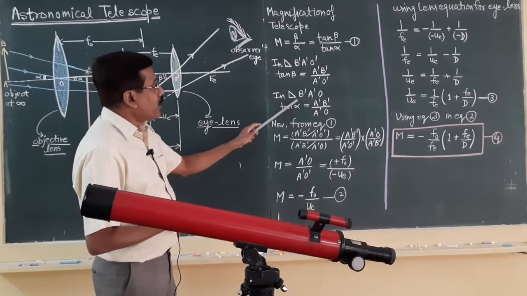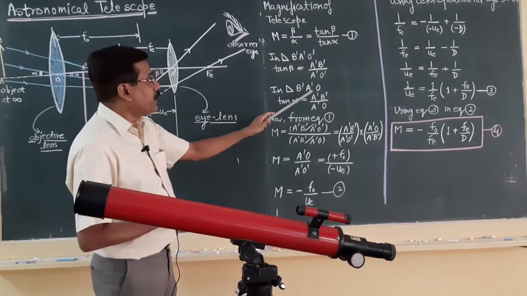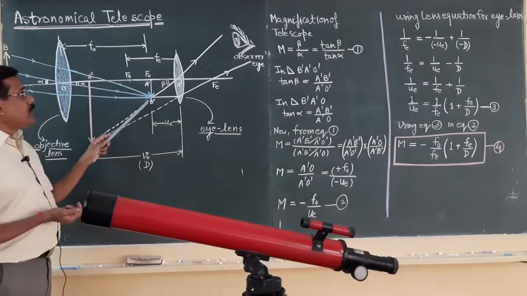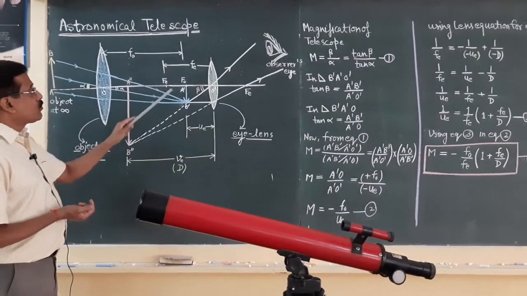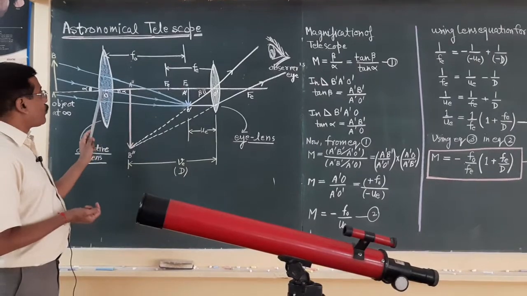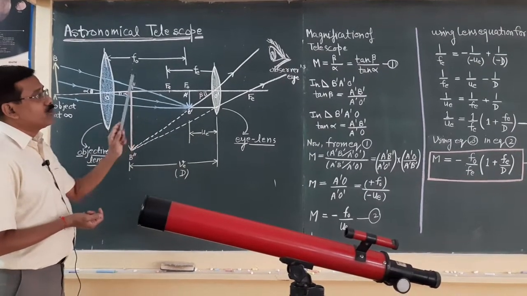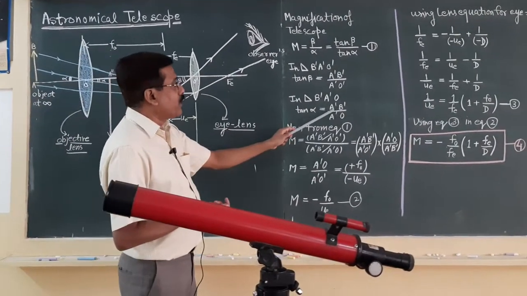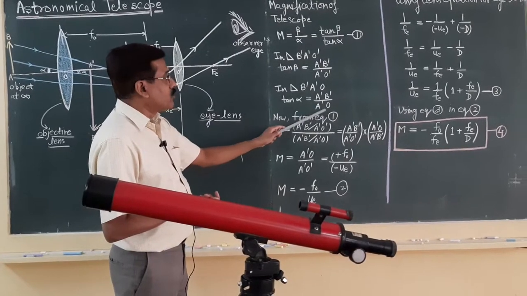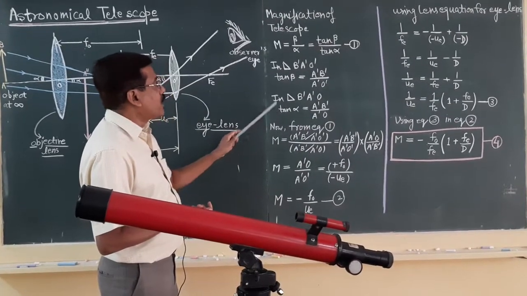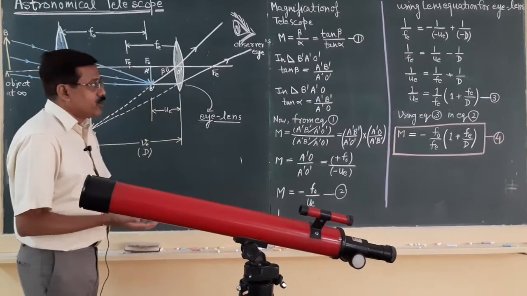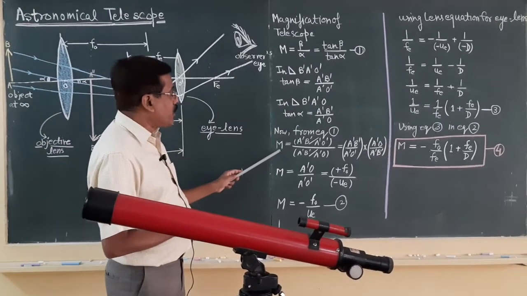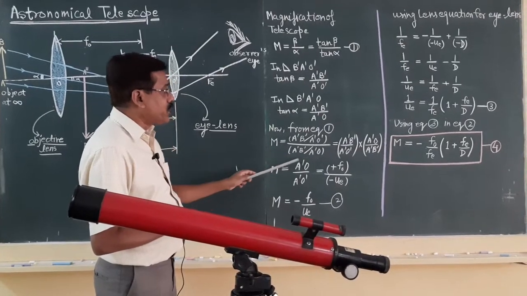Similarly, from another right angle triangle B'A'O, tan alpha is equal to A'B' upon A'O. Now we will put the values of tan alpha and tan beta in equation number 1. So when you put them in equation number 1, we have m equal to this expression.